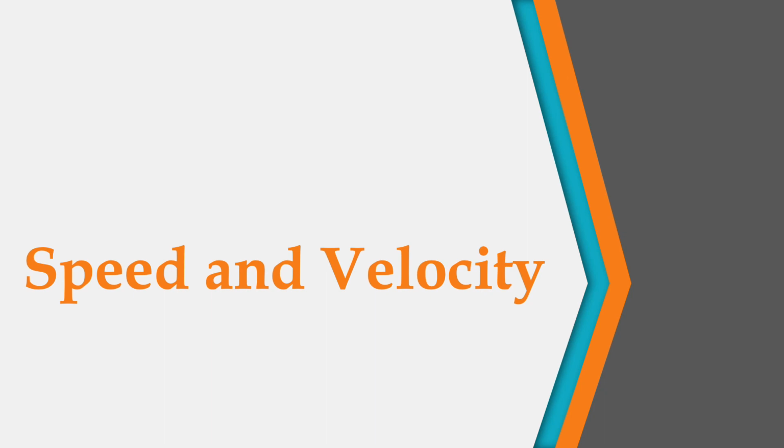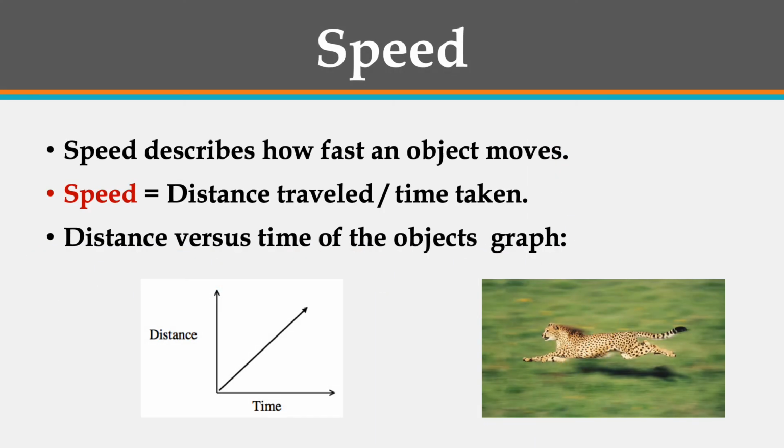Speed and velocity. What is speed? Speed describes how fast an object moves. So speed equals the distance traveled divided by the time taken to travel this distance. Distance versus time. This is the graph, distance versus time.